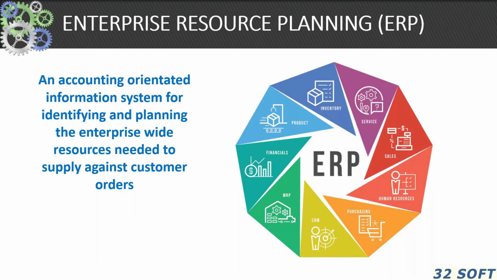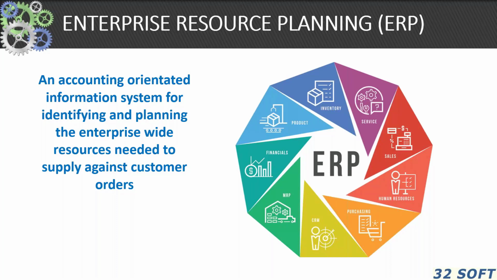ERP is an accounting-oriented information system used by businesses to control enterprise-wide resources. Both MRP2 and ERP are pieces of software that help run the business. MRP is purely manufacturing focused as opposed to ERP, which spans across the business to include finance, distribution, as well as supply chain management.